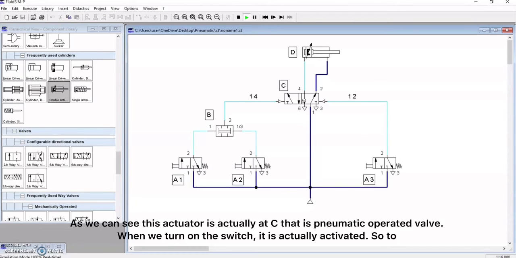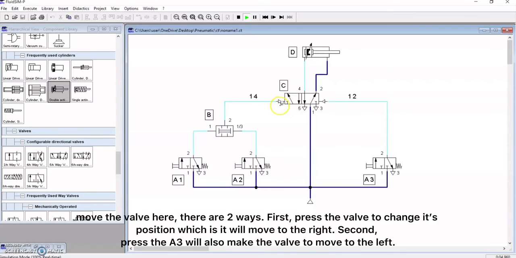When we turn on the switch, it is activated. To move the valve here, there are two ways. First, press the valve to change its position, which is it will move to the right. Second, pressing A3 will also make the valve move to the left.